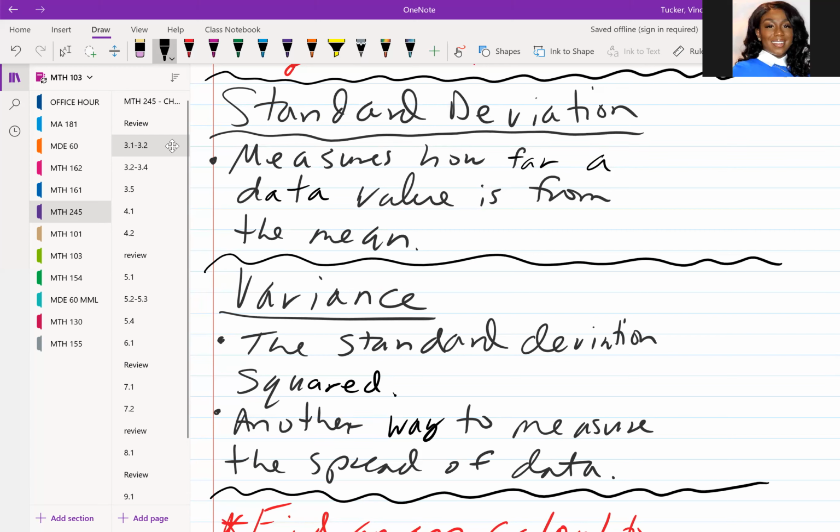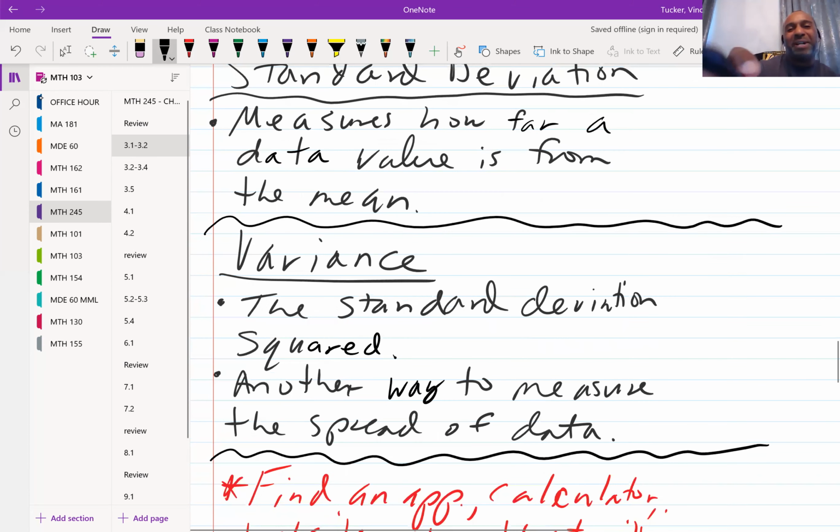Like the homework, will we have to solve things with standard deviation, or is it just more vocabulary? Man, I'm about to get to all that, and you're not even gonna let me teach it. I'm just messing with you. Matter of fact, that's the next thing we're gonna talk about. Okay, I was just making sure. No, I'm not gonna leave y'all hanging like that.